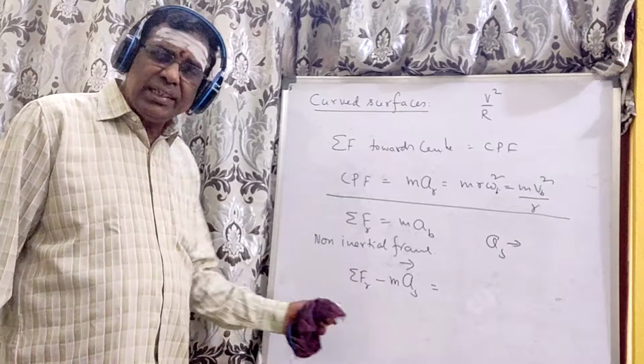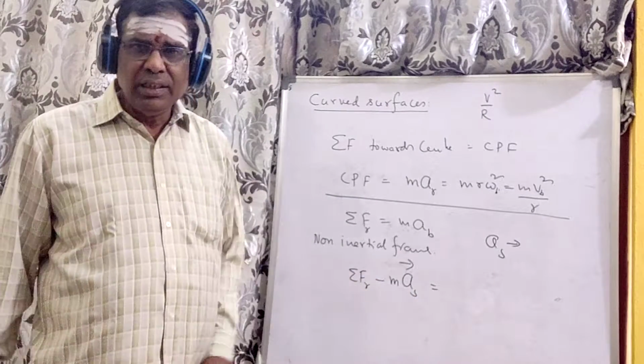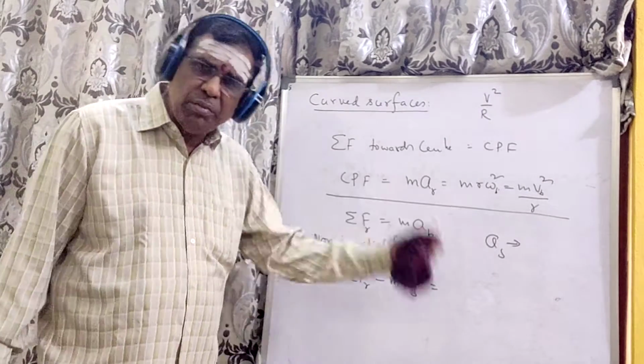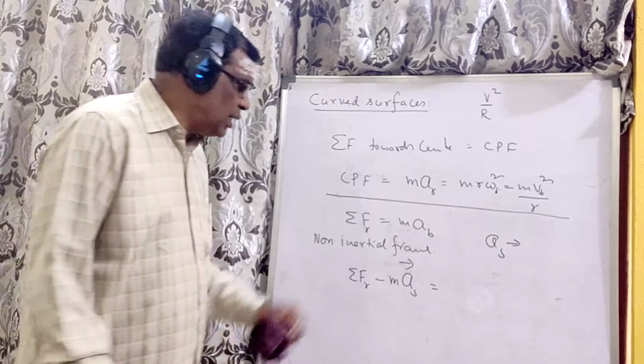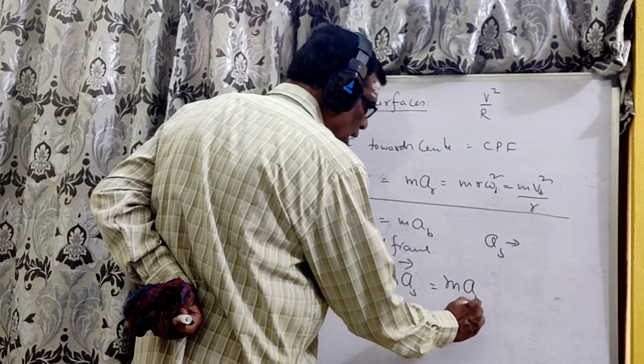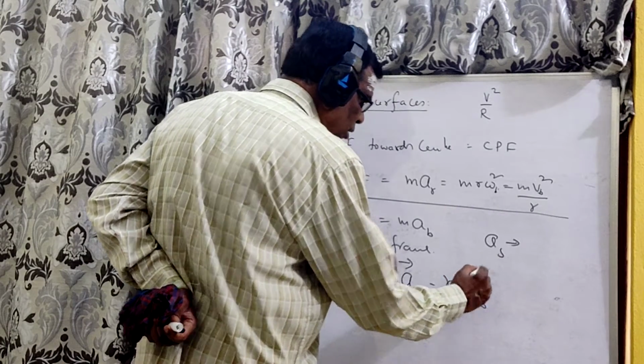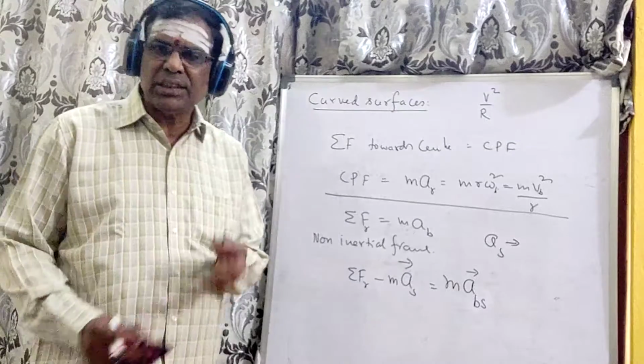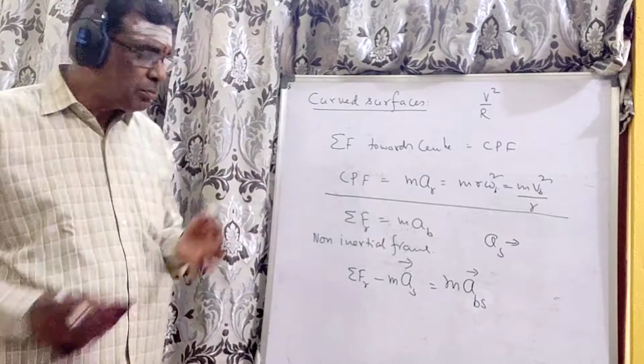If the left hand side is a combination of real and imaginary forces, or only imaginary forces, then the right hand side will give you mass into the acceleration of the body with respect to the system only.